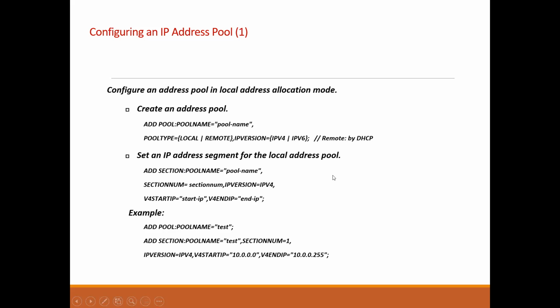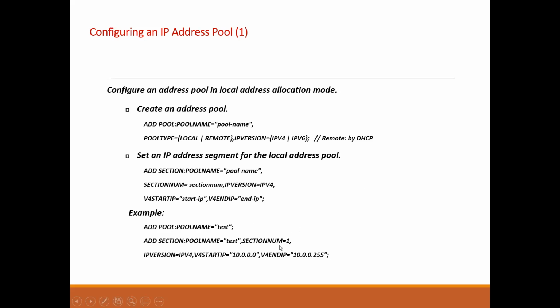Basically, in one address pool there can be, I believe, 2 raised to power 16 IP addresses in one section, and the limit of having the IPs, I don't think there is any limit in that, but an IP pool is basically divided into different sections. Okay.